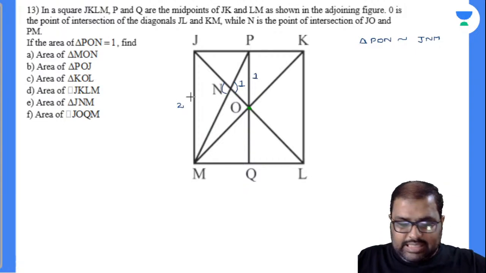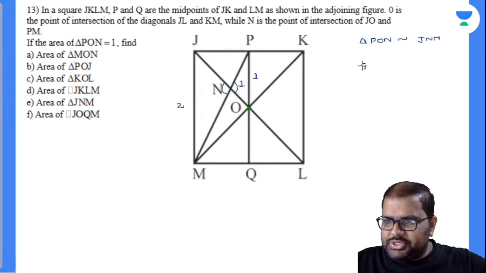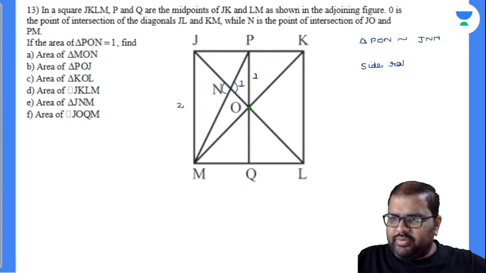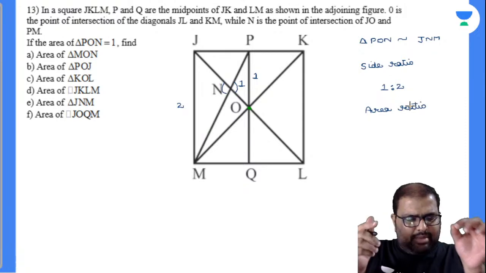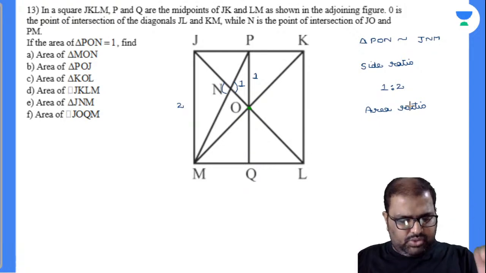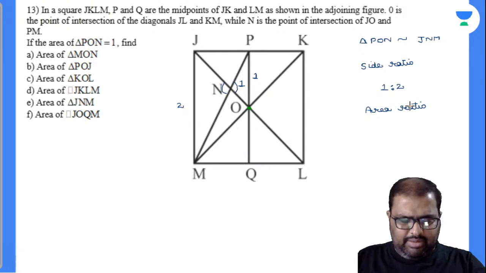So what are the side ratios? Side ratio is 1:2, or otherwise you can take 1/2 also. If side ratios are 1:2, then area ratios will be how much? 1:4. Everybody knows a basic property of similar triangles: if the side ratios are 1:2, areas will be 1:4.